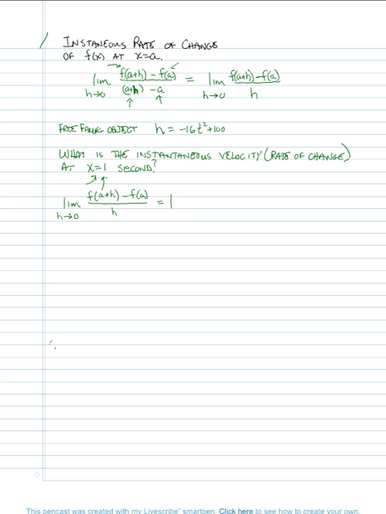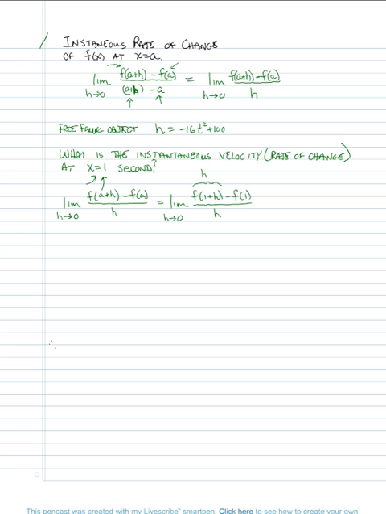So what we end up with is the limit of f of 1 plus h minus f of 1 divided by h as h approaches 0. I'm using the function notation, but remember, this is just the height value.